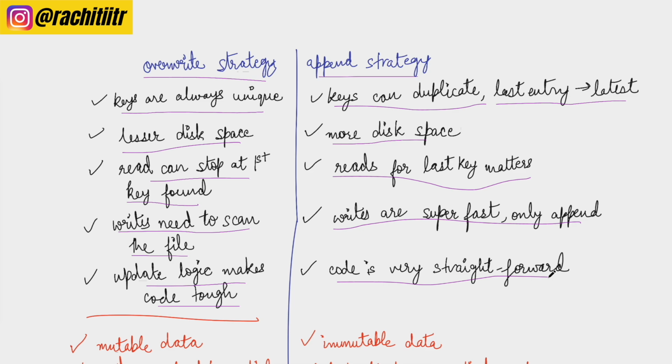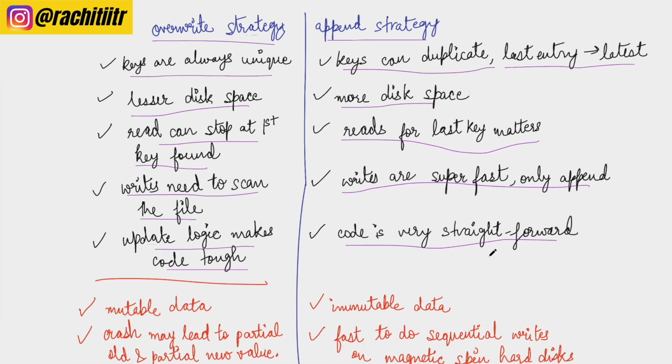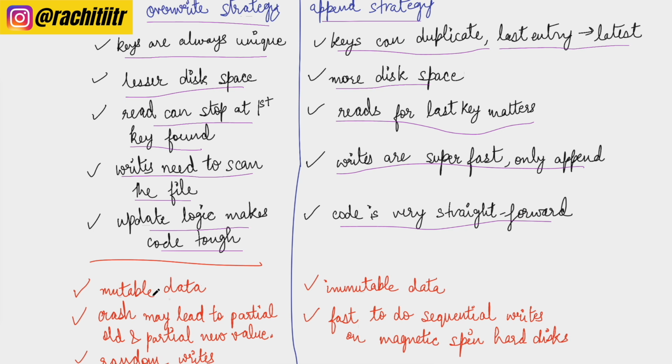And if you want to talk about somewhat more advanced things, since the database is updating things, it's kind of mutable data that we are looking at. However, the append strategy is always based on immutability, and we will see how this is going to be super helpful to us.